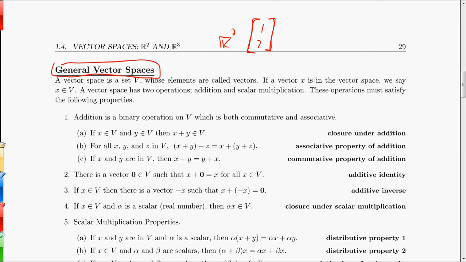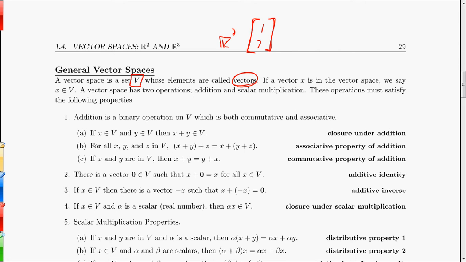If this was more of a general linear algebra course, there's all sorts of vector spaces, vector spaces of polynomials of various degrees, but here we're just going to be looking at R2, R3, and Rn. So a vector space is a set. We usually denote it with the capital V, and the elements of that set are called vectors.